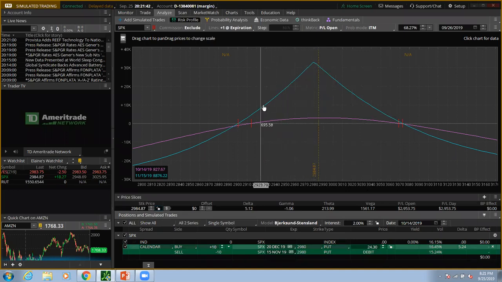We see this graph up here, and theoretically, if you held this thing to expiration, yeah, you might make 30,000 or you might make 20,000, but usually something goes wrong before you make $20,000. So if you can make 10% on your money, be happy that you're beating everybody on Wall Street. Put it in the bank, roll the thing out, and keep your risk low, would be my advice.